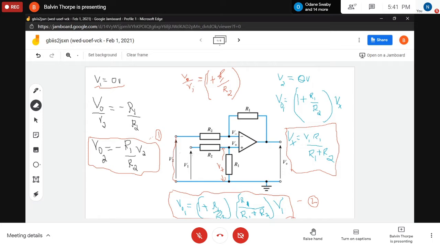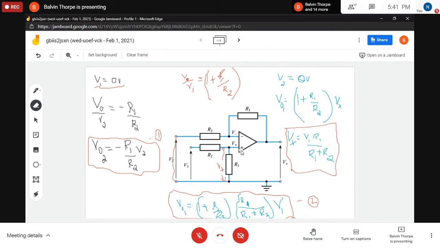All right, so now that we understand and concur, we can go on. Now we know that this is the voltage across the resistor here. That's the input voltage, right? That's the input to the non-inverting input.